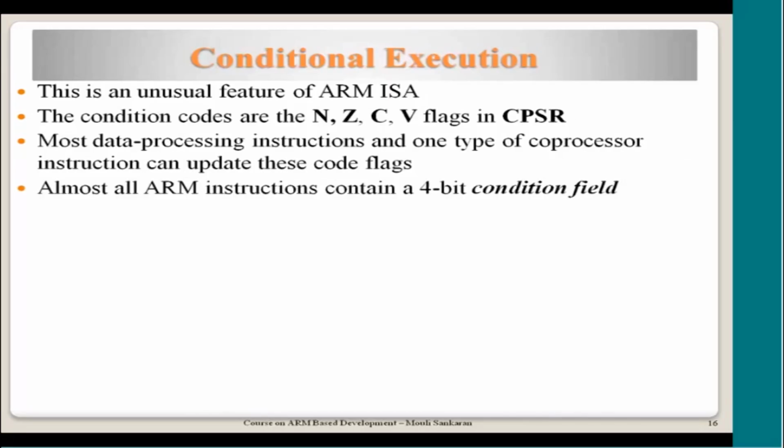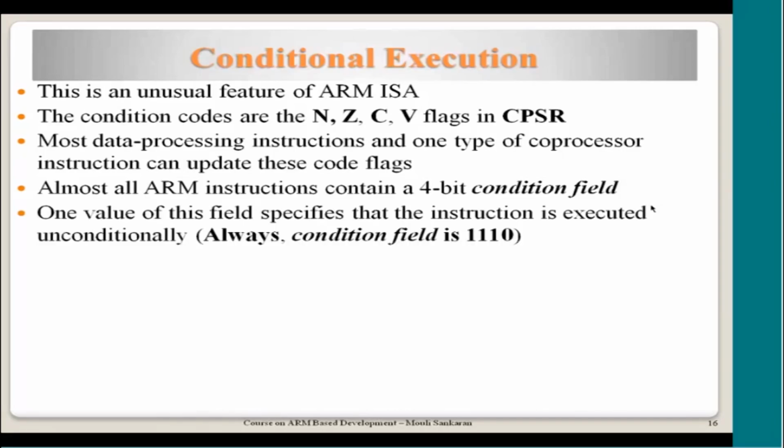Almost all ARM instructions contain a 4-bit conditional field, which I showed you. The first 4 bits of the instruction always say whether a particular instruction needs to be executed based on the particular combination of flags. If it is 1110, it means execute that instruction irrespective of the value of the conditional flags.